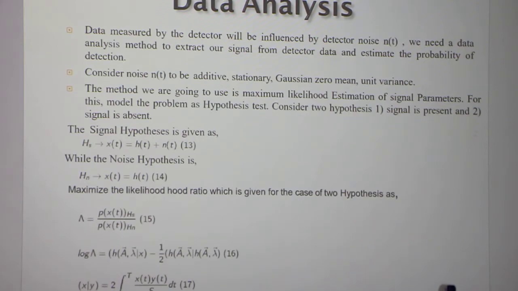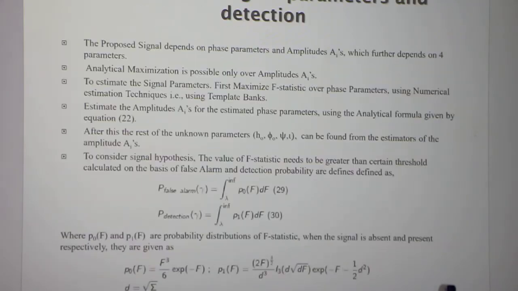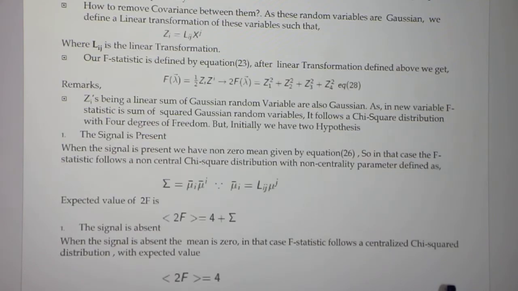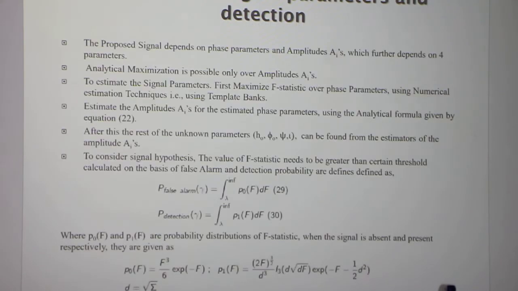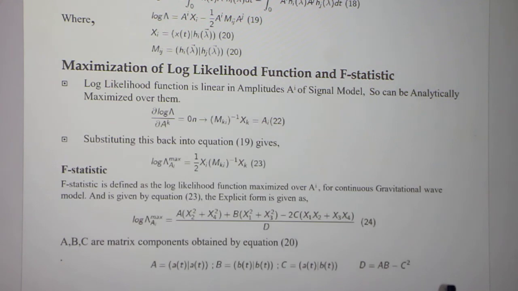Go back to the equation. Yeah, so then we estimate the amplitudes for the estimated phase parameters using the analytic formula given through equation 22. So this is the maximized version, right? Through this we can find the amplitudes.